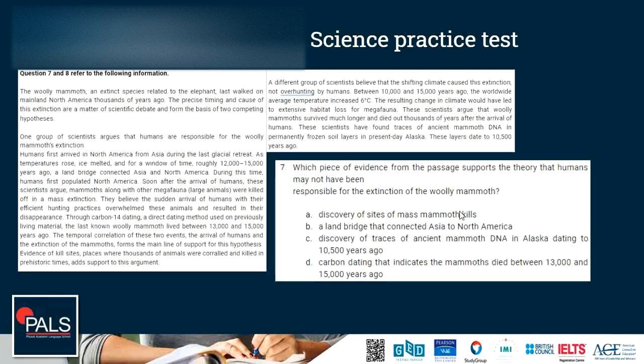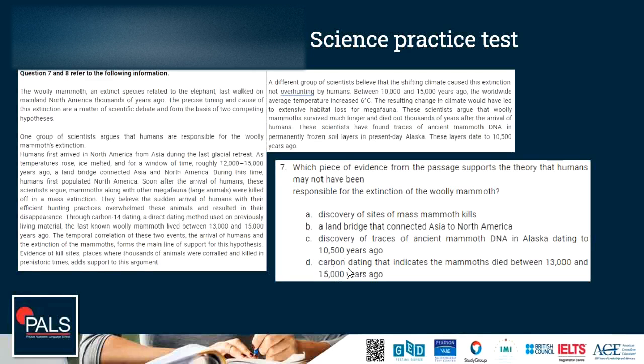Discovery of sites of mass killings would support the argument for humans being responsible for the extinction, but we are looking for an argument that supports the opposite. A land bridge that connected Asia and North America, same thing. That means that humans were able to get into North America. That would support the first hypothesis as well.